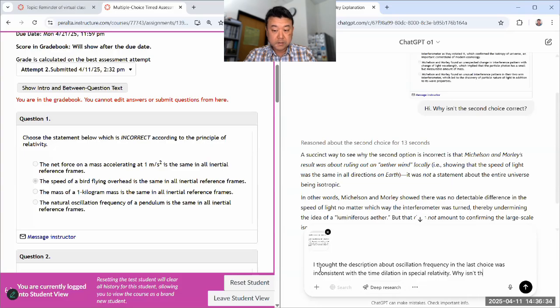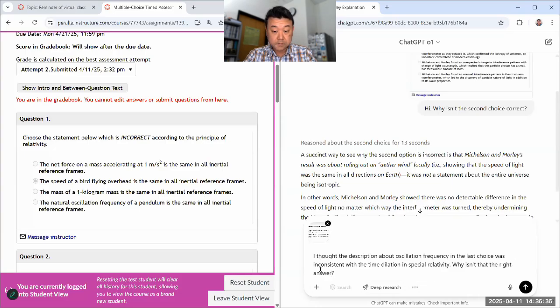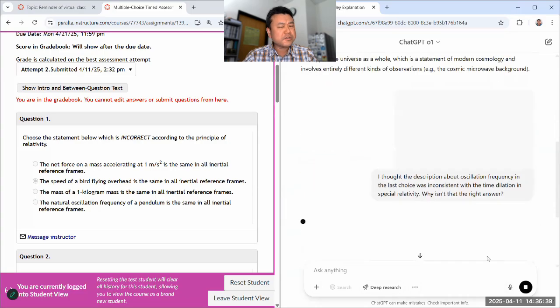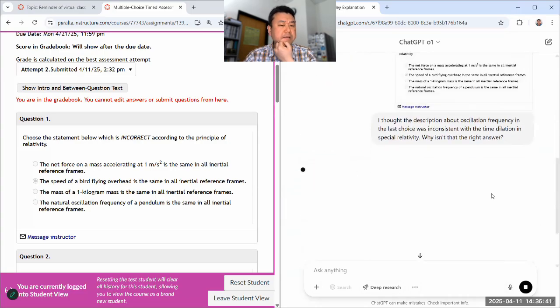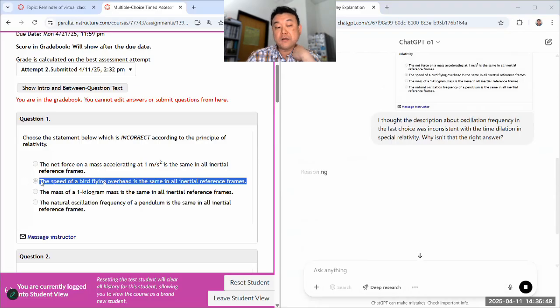Why isn't that the right answer? I'm actually interested in how ChatGPT would explain it. I would say this is a worse choice. It's more incorrect than this. So that would be my reason for this. If this hadn't been here, then I could have chosen this.